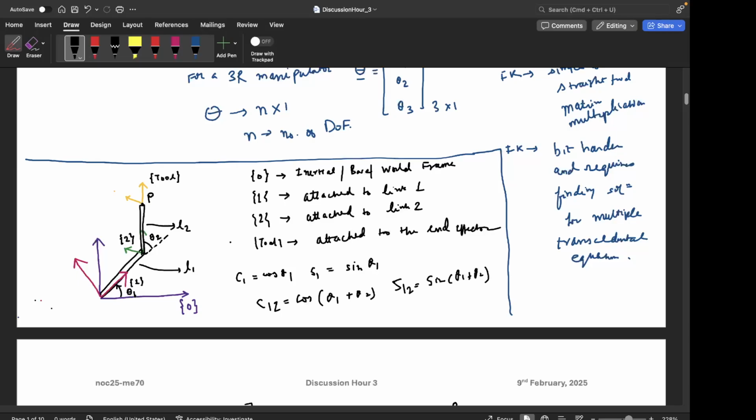If you notice, as I mentioned, frame 2 and the tool frame are both fixed to the second link, so they move together. There is no difference in the orientation of these two frames, so the rotation part will be an identity matrix because the orientation is exactly the same. The only difference is in the translation.